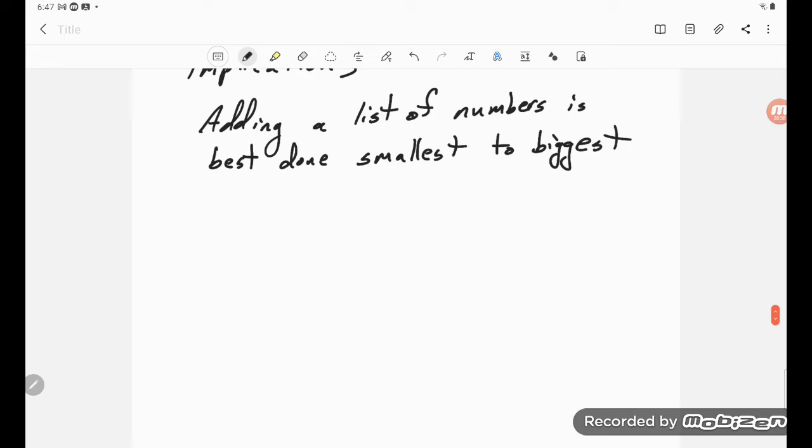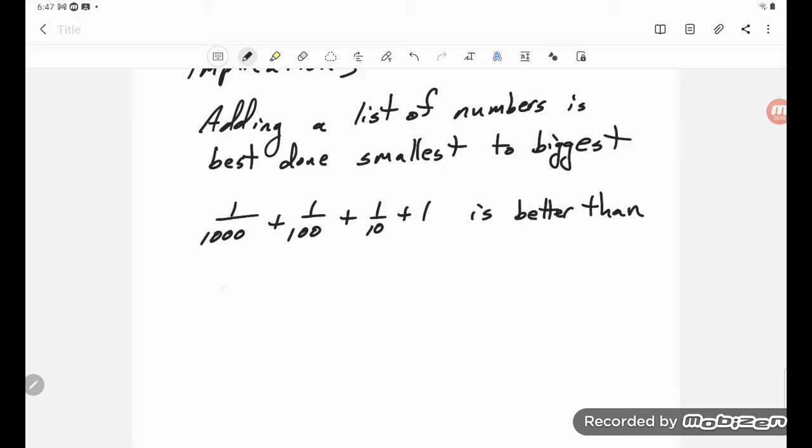Okay, so in other words, if I want to add, say, 1 over 1,000 plus 1 over 100 plus 1 over 10 plus 1, this is better than 1 plus 1/10 plus 1 over 100 plus 1 over 1,000.